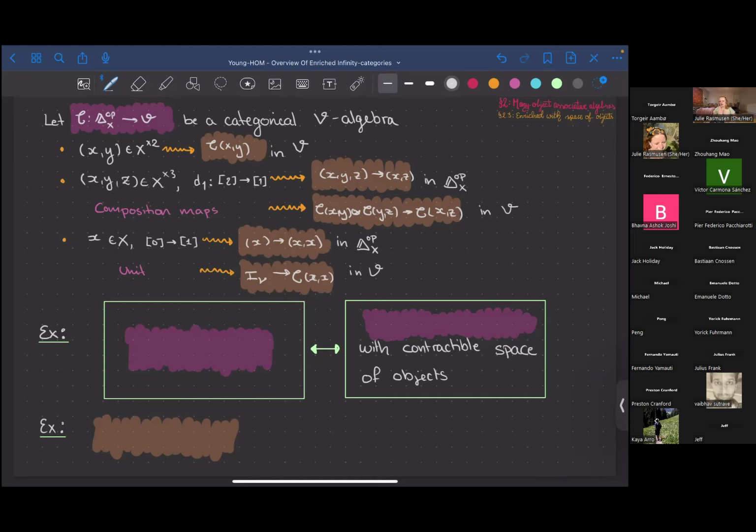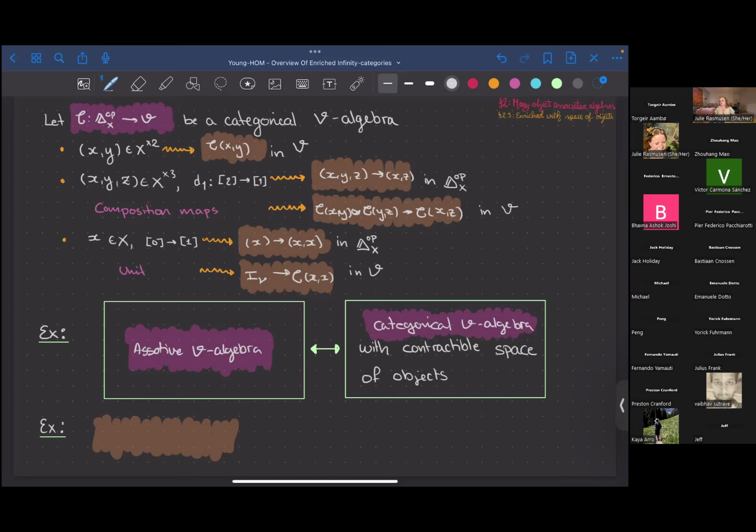But the reason that this can actually be thought of as many-object associative algebras is because an associative V-algebra is the same as a categorical V-algebra which has a contractible space of objects.